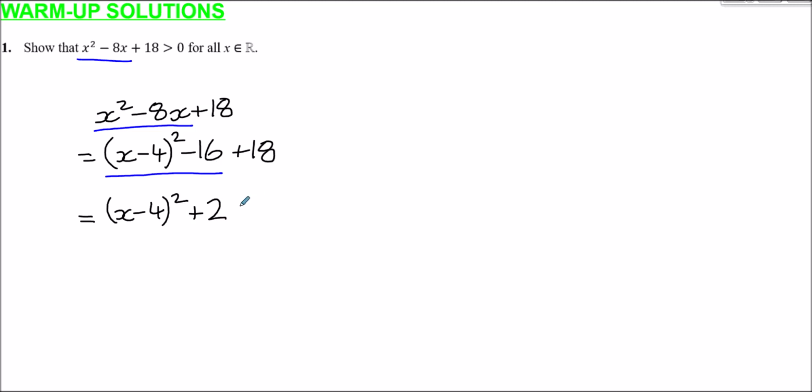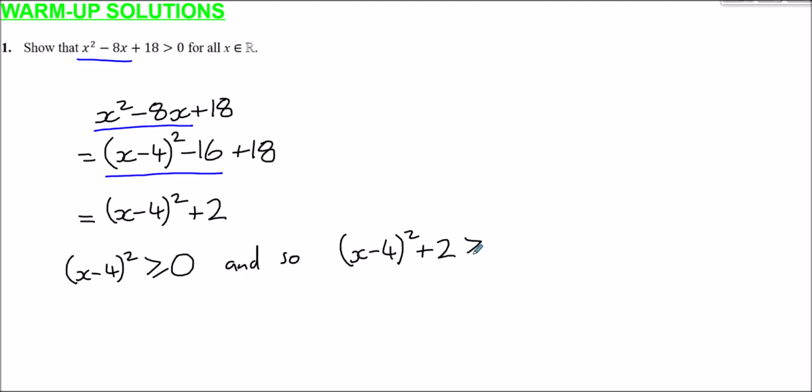So the first thing I'd suggest saying is that x minus 4 all squared has to be at least 0. And so if we add 2 to that, then x minus 4 squared plus 2 has to be at least 2, and obviously 2 is greater than 0, which is what we wanted to prove all along.